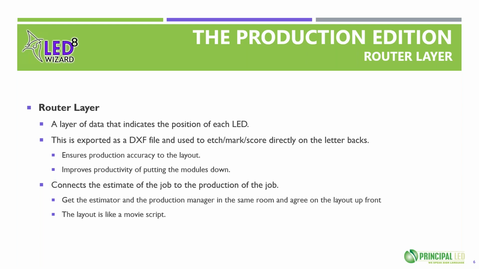The production edition is about making sure that there's a linkage between sales and production. In a big shop, there are different departments, different folks. As a job moves through the shop, it's easy for changes to be made. It's easy for people downstream to make decisions that are different from how the job was estimated.